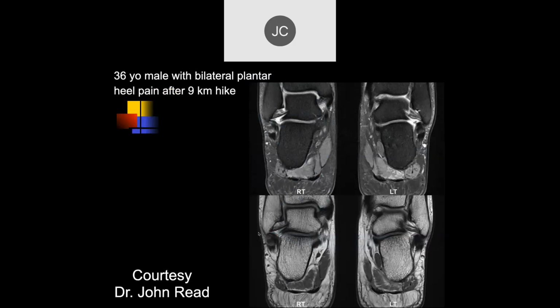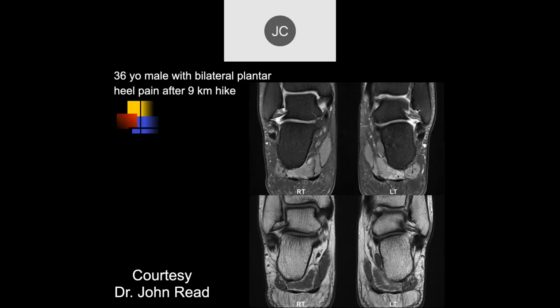36-year-old male, heel pain after 9-kilometer hike. So it looks like there is edema in the flexor digitorum muscle on the left side, more so than the right.